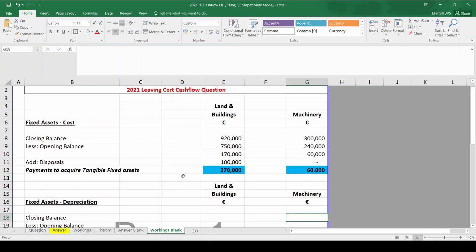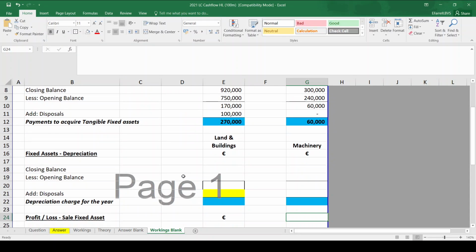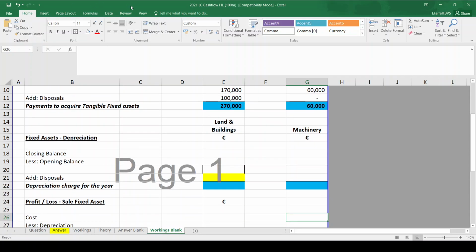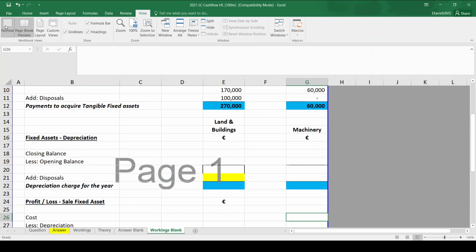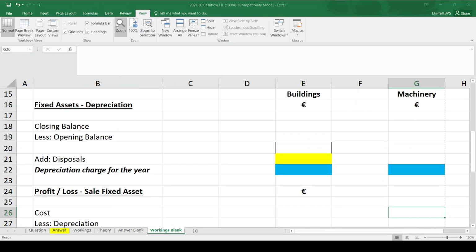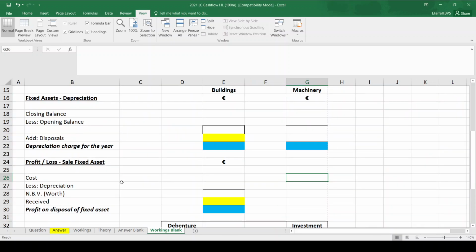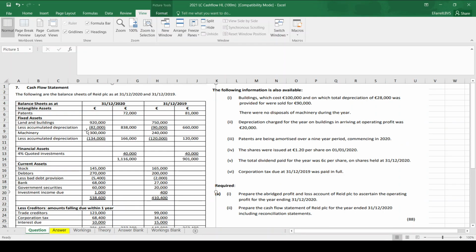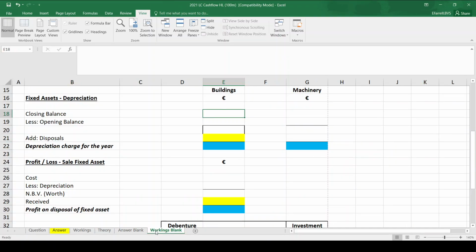The next thing I need to do is a similar note, but this time it's on the depreciation of fixed assets. So again, I'm going to get my closing balance. So buildings, the closing balance for buildings was 82, the opening balance was 90. So 82,000 and 90,000.